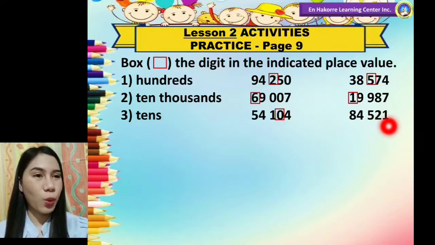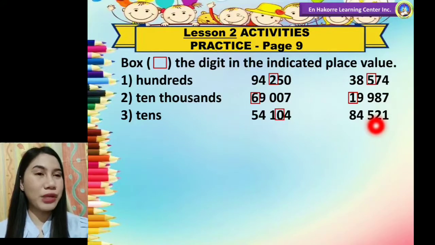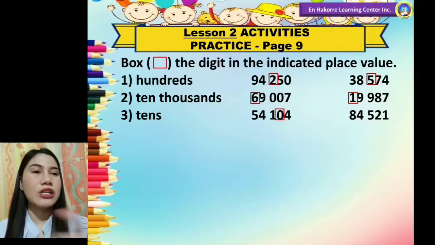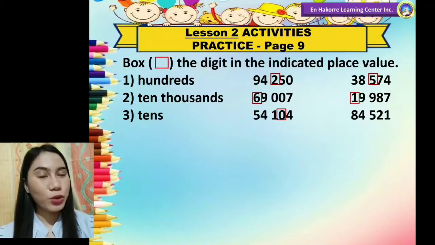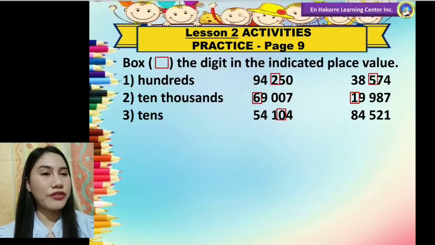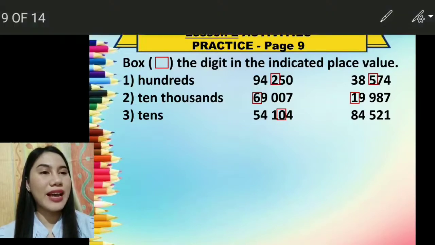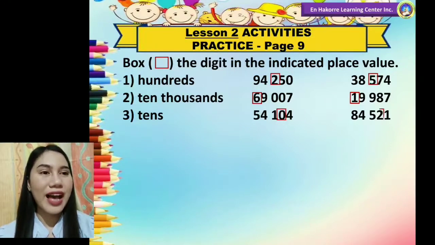Again, the ones, tens. So, immediately you can find the tens place value of the number in the second position. So, number 2 right here, children, has the value of tens. So, 2 in the number 84,521 has the place value of tens.